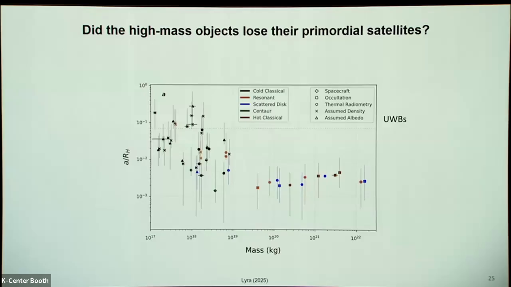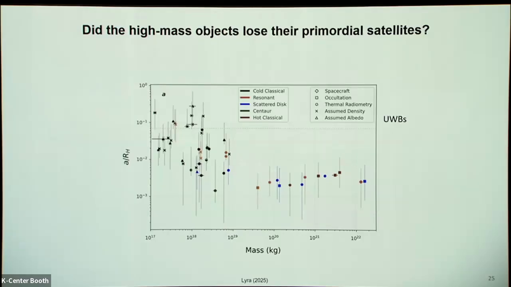Because if you start with primordial ultra-wide binaries, even the interaction with other planetesimals will easily widen and ionize them too. So these ultra-wide binaries started at lower separation and then became ultra-wide. The same thing should have happened here too. We should see some objects here in the high mass end that also have ultra-wide binaries, and we don't.